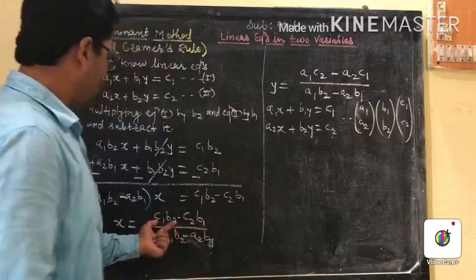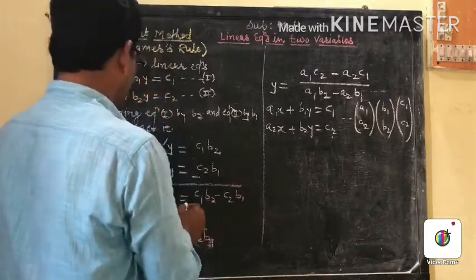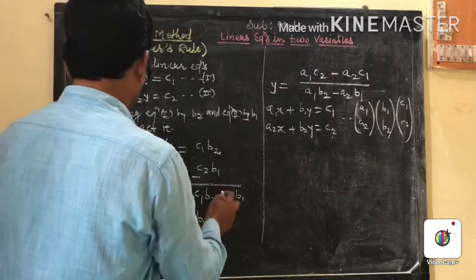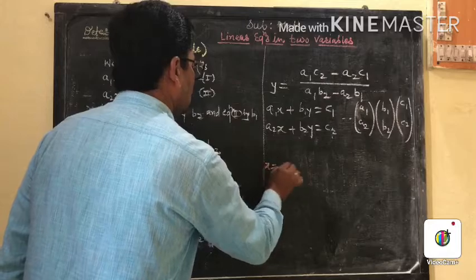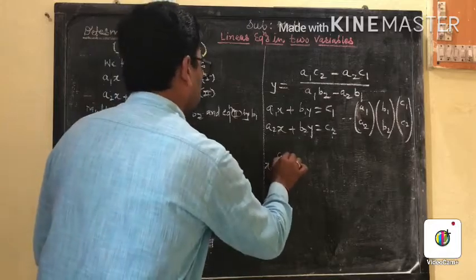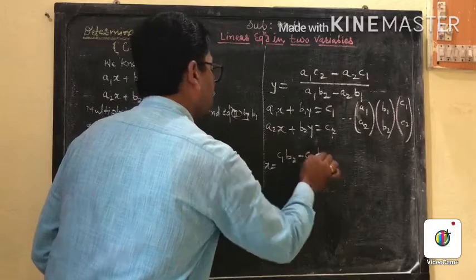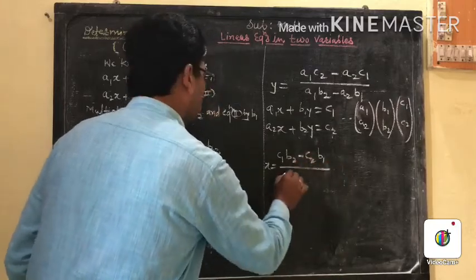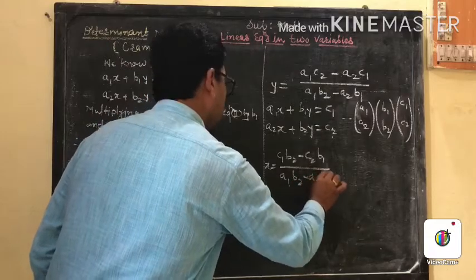Now see here, I am making the determinant for the value of x. x is equal to c1 b2 minus c2 b1 divided by a1 b2 minus a2 b1.